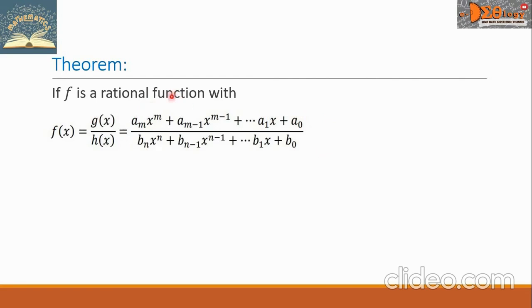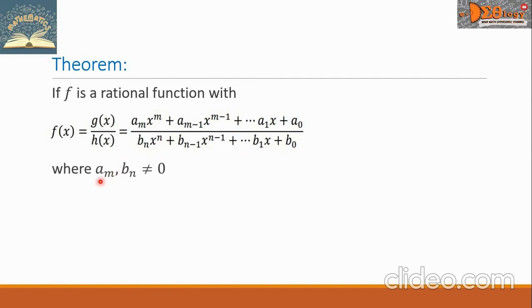It starts with the first term a sub m times x raised to m, and the last term is a constant a sub 0. While the h of x has this first term b sub n times x raised to n, and the last term is b sub 0.